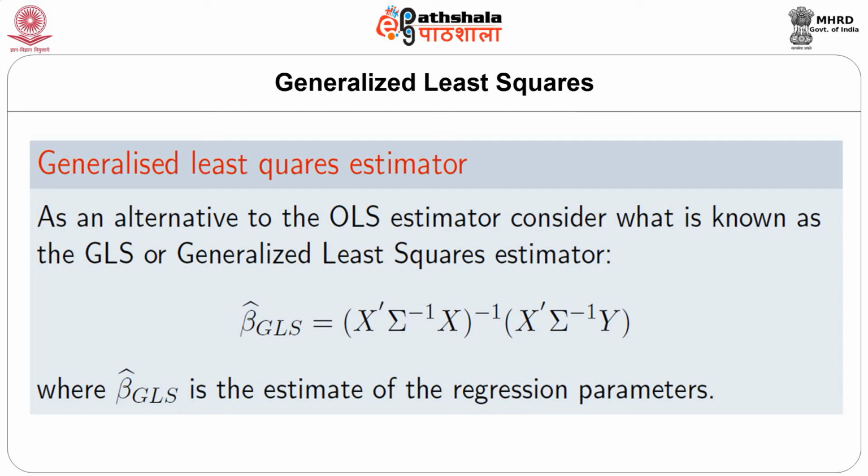As you can see, this formula differs from that of the OLS estimate of beta hat by the term Sigma inverse, which has been inserted in between the matrix of explanatory variables X.